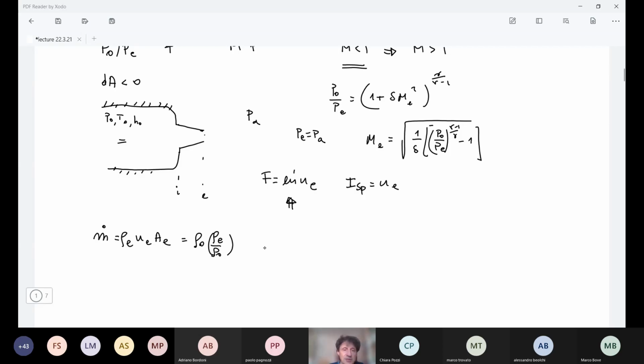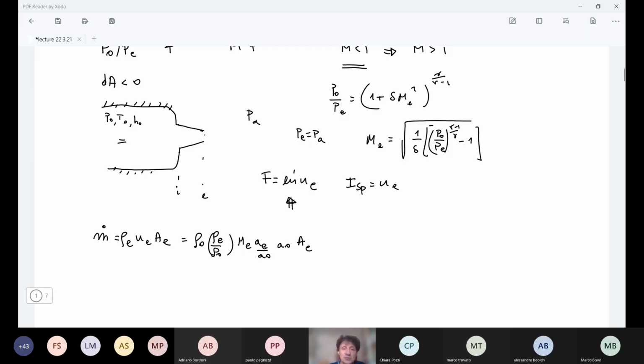For the velocity, we use the Mach number and the speed of sound, and we also divide and multiply by a0. And finally, we have the exit area. So here we can express everything in terms of the Mach number and then of the pressure ratio, because we have this relation between the pressure ratio and the Mach number.